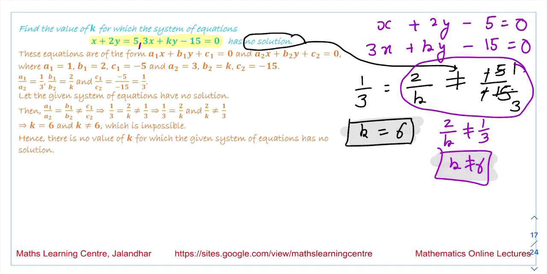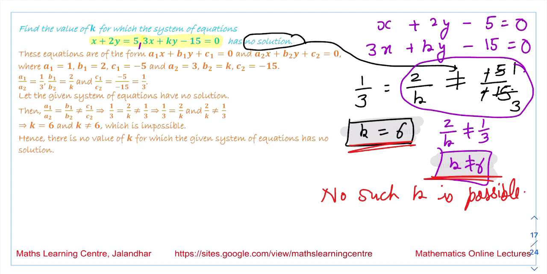It means no such value of k is possible, such that k should be 6 and k should not be 6. So the answer we are giving is there is no value of k for which the given system of equations has no solution.